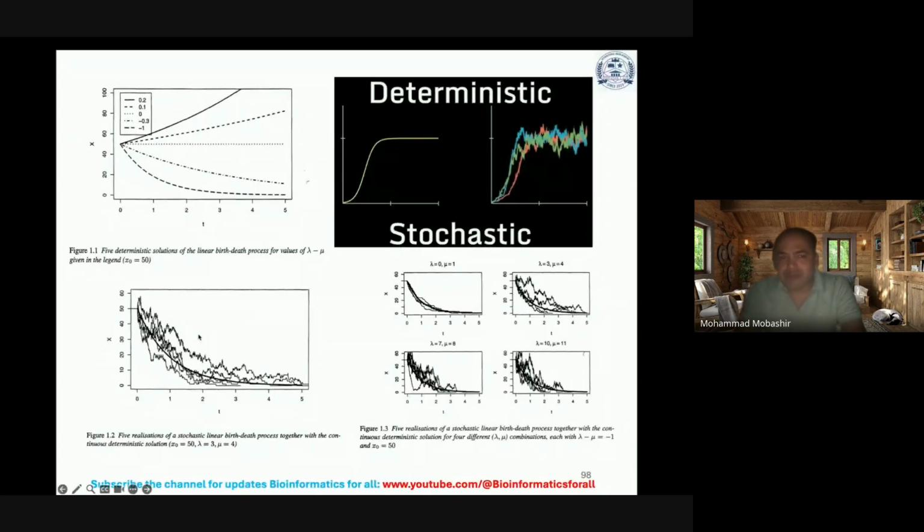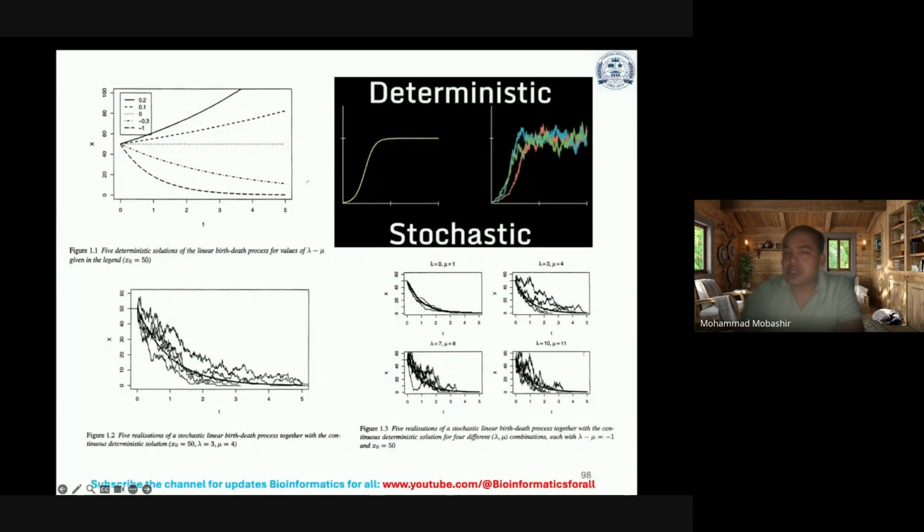These are 5 realizations of a stochastic linear birth and death process, together with the continuous deterministic solution. And here there is the continuous, deterministic solution.